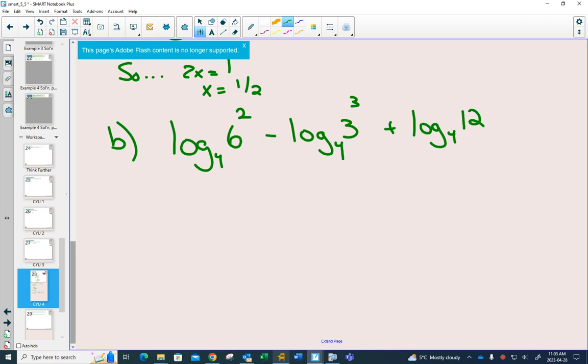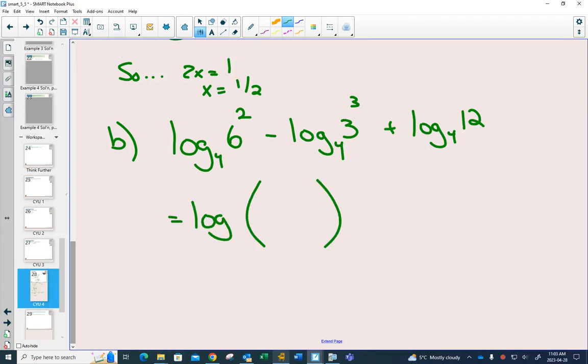So first we use the power rule to get all those exponents inside your logarithm. And then the shortcut that we learned the other day, if you're adding and subtracting a bunch of logarithms, the ones that are added, the 6 squared and the 12, will appear in your numerator. The ones that are subtracted, which is the 3 cubed, will be in your denominator.